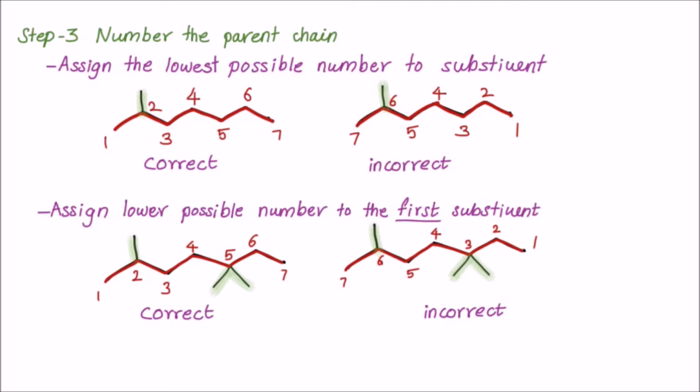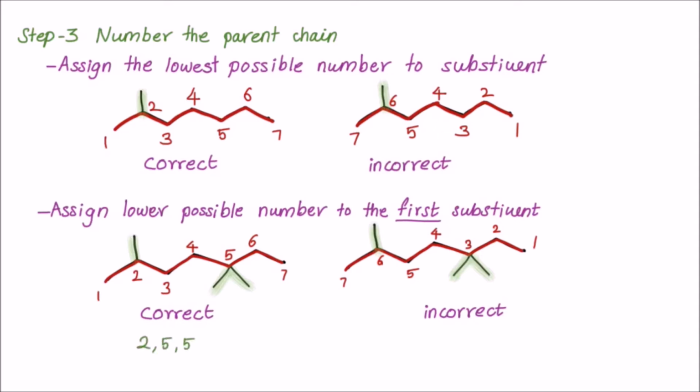The rule is, you have to assign the lowest possible number to the first substituent. If you look at the previous statement, it says assign the lowest possible number to the substituent, and to be accurate, we need to rewrite the statement and say: assign the lowest possible number to the first substituent.